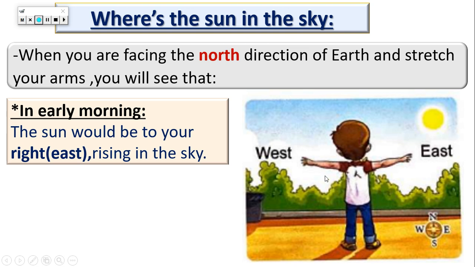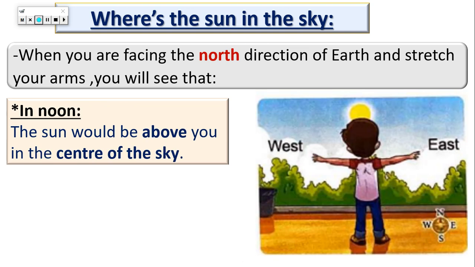Okay, we have the four directions, as you can see here: north, south, east, west. The sun rises in the east and sets in the west. So if you are looking to the north direction and you find the sun on your right hand, in the east, you must know that you are in the early morning.